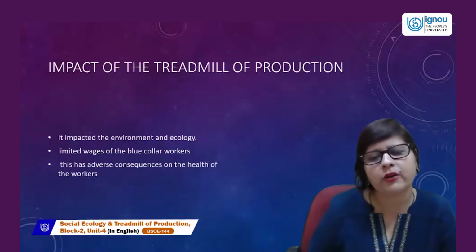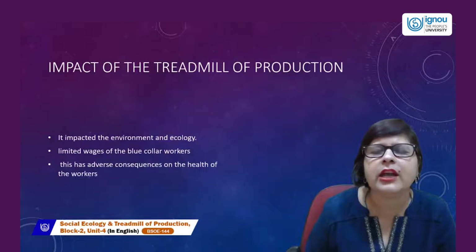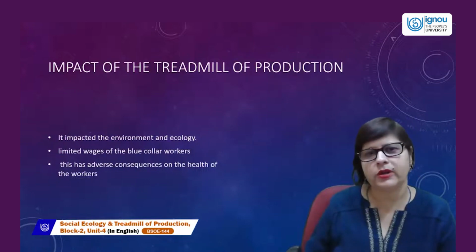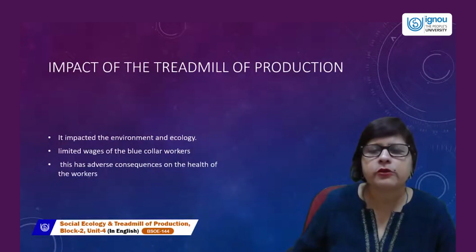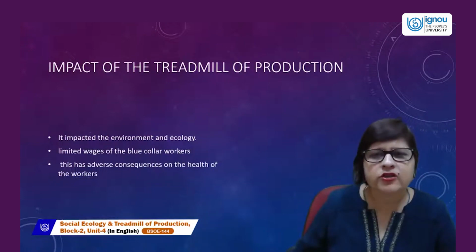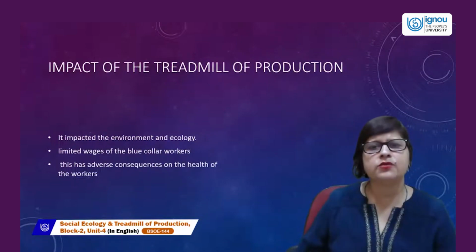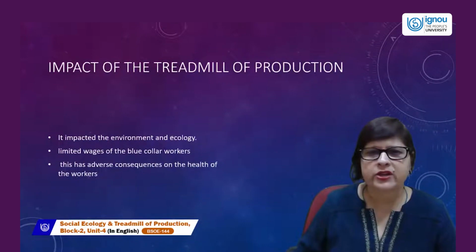What is the impact of this treadmill of production? It impacted the environment and ecology, no doubt. For more profits and more dividends, industrialists exploit natural resources more, and they use the ecosystem to dump their industrial waste. So this impacts the ecology and the environment.